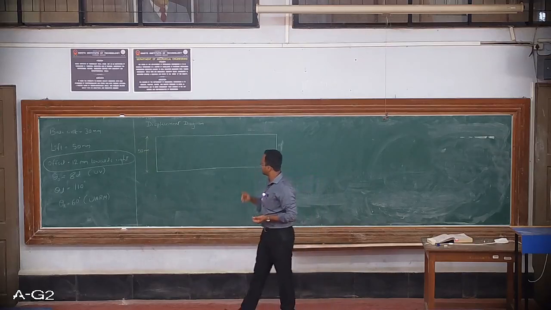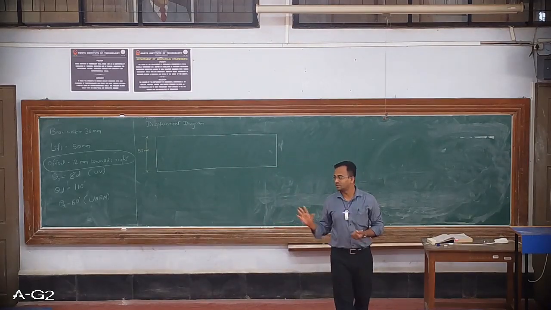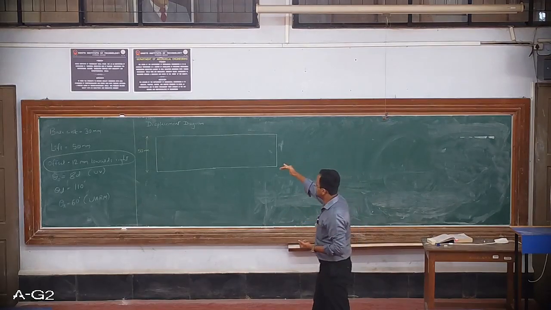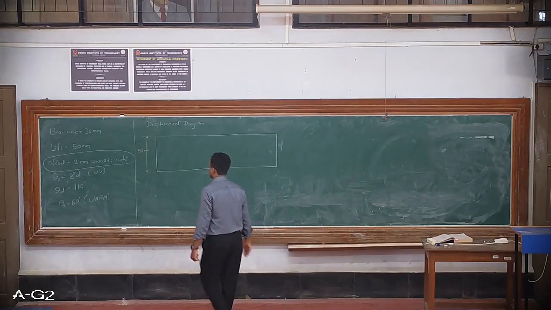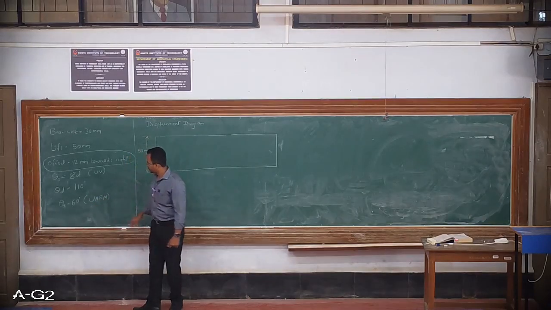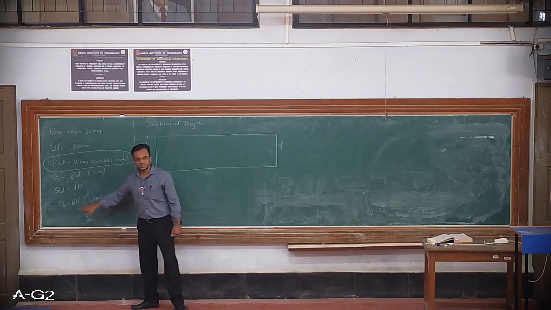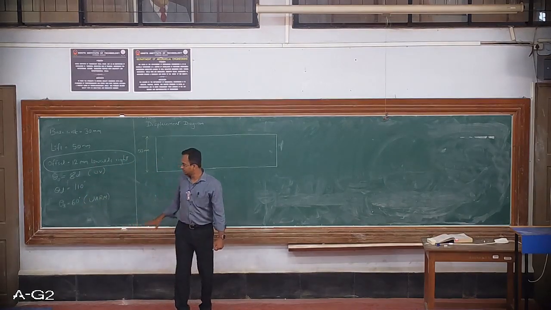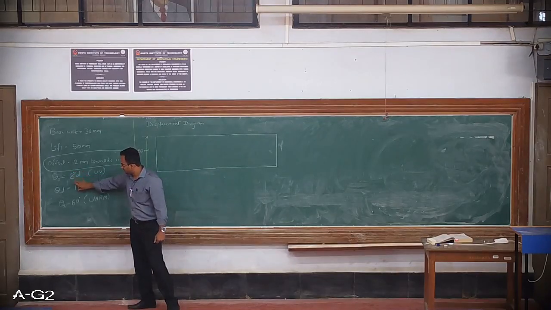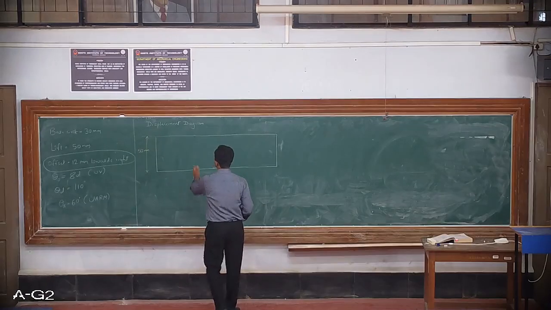So once the rectangle is drawn, the next step again is common for all the problems. I will have to divide this rectangle into the rise stroke, followed by dwell stroke, followed by return stroke. Now if you see the total of this 80 plus 110 plus 60, it will not make 360 degrees, which means after rise, dwell and return there is some degrees of rotation left. That is nothing but your dwell stroke. Okay. So the first one is rise stroke of 80 degrees.